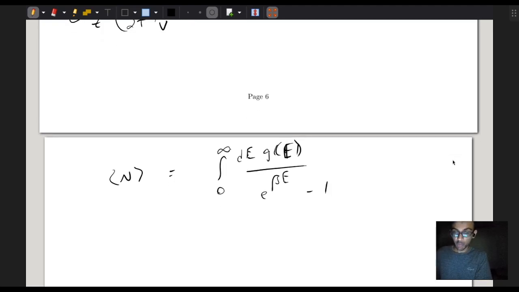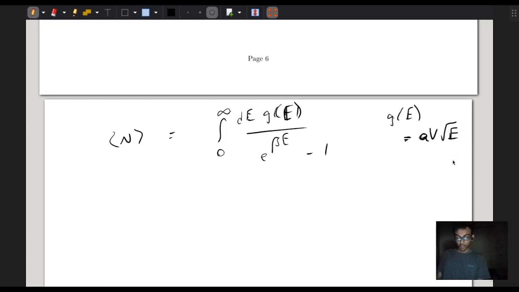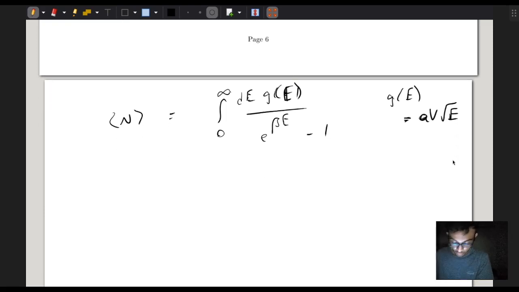Okay, so g of e is proportional to root e. So let's just leave it as some constant, like a v times square root e. We don't need these constants in this problem, so let's not take the pain of keeping track of these constants.